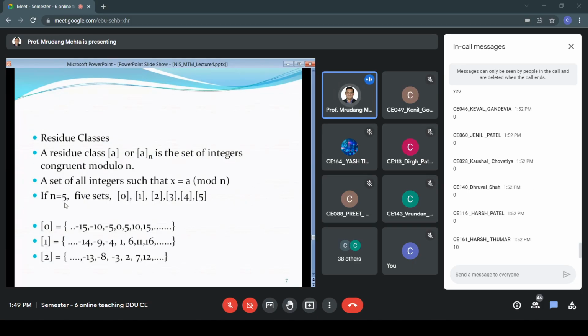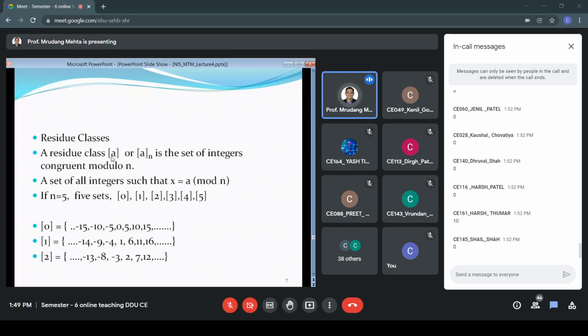Right. So that is why it belongs to the class 0 in the square bracket. 0 in the square bracket means it is the residue class whose division A mod n gives the value 0.